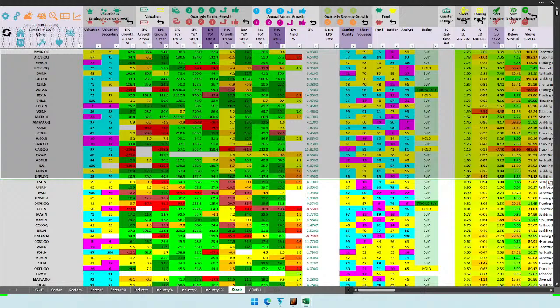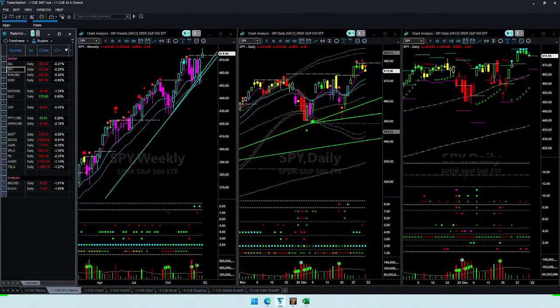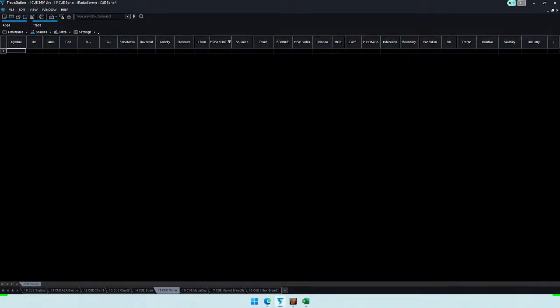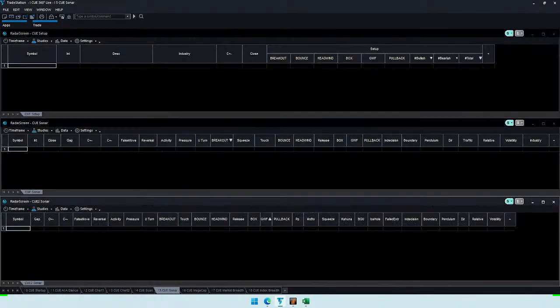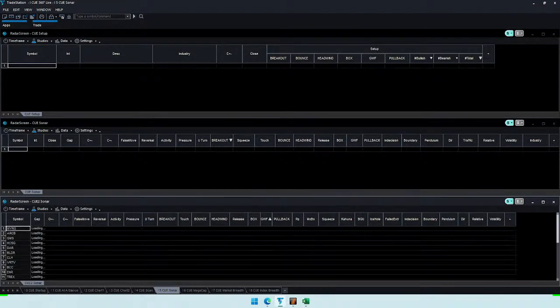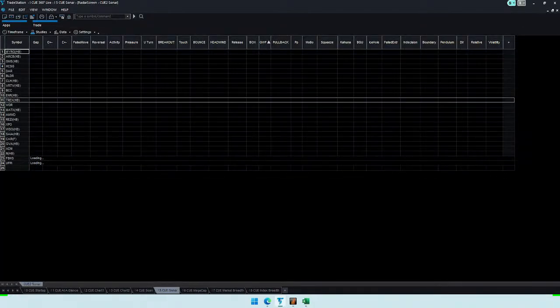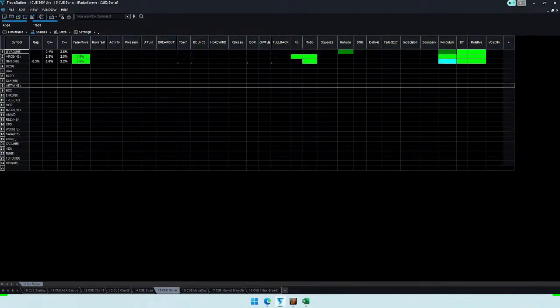I am going to take these stocks. Let me use TraceStation in this case. Drop them in Sonar, or rather this one, to see which ones have a trade setup on the last trading day.